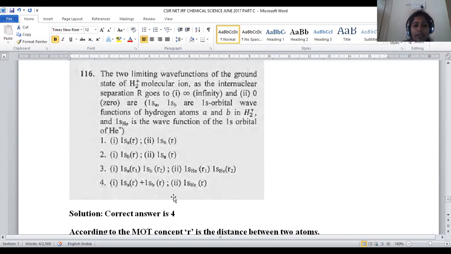Okay, so what we have to predict here, two things to be predicted here. The two limiting wave functions of ground state H2 positive molecular ion as R goes to infinity and 0, right? So for H2 positive and also for helium positive, we have to predict.